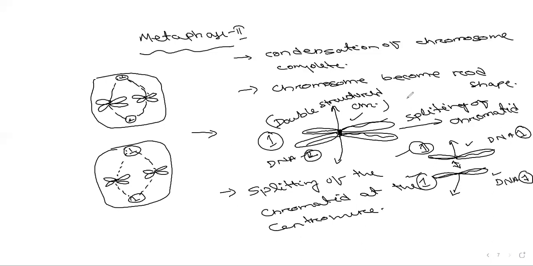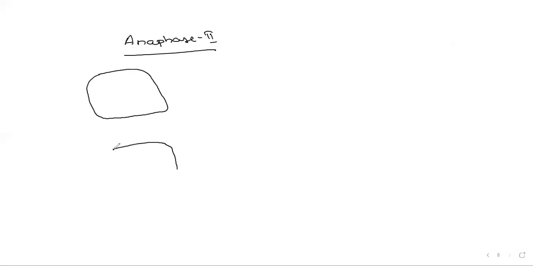But what would happen in the next phase? Let's see the next phase, that is anaphase 2. In anaphase 2, suppose this is a cell and this is another cell. Now these chromatids will move towards each pole. They are moving towards each pole.